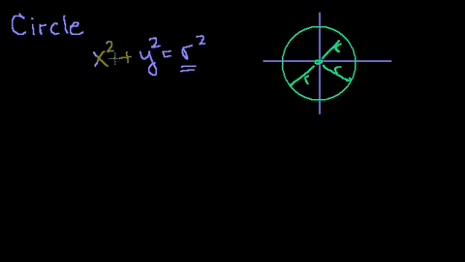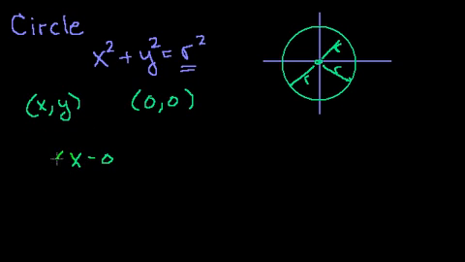And to some degree, this formula is just an extension of the distance formula, which is really just the extension of the Pythagorean theorem. So for example, the distance formula, if I want to know the distance between some point x comma y and the point 0, 0, what you do is you take the difference of the x's, so x minus 0, you square that, and then you add that to the distance between the y's squared.